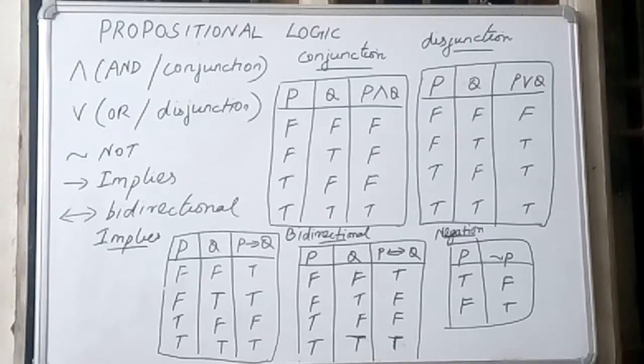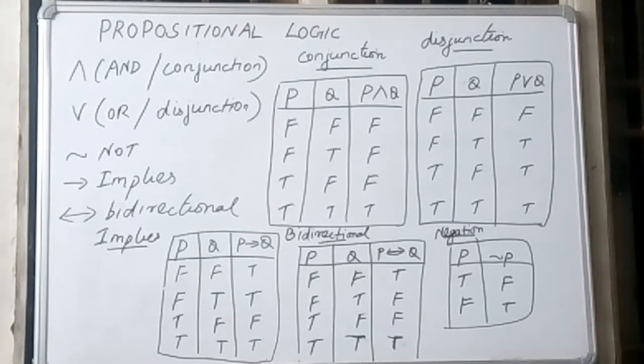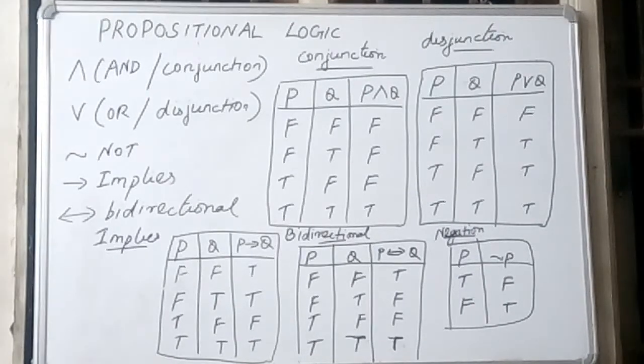So in this bidirectional, we should understand that in case both the values, P and Q, are the same, we don't bother about whether both the values are true or false. Whatever it may be, it should be the same. Then only the result will be true.